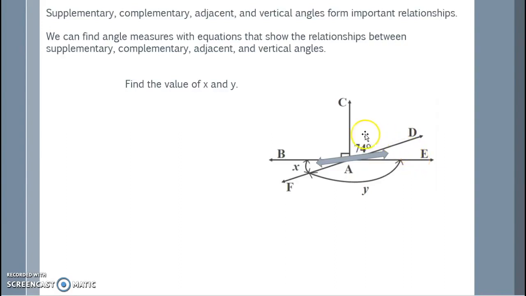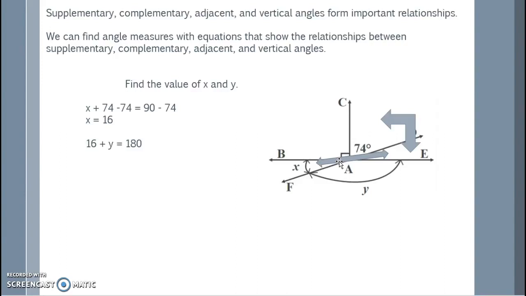Further, I know that it is adjacent, and these two together must be 90 degrees. Therefore, x plus 74 is 90. I subtract 74 from both sides. We get x is equal to 16.